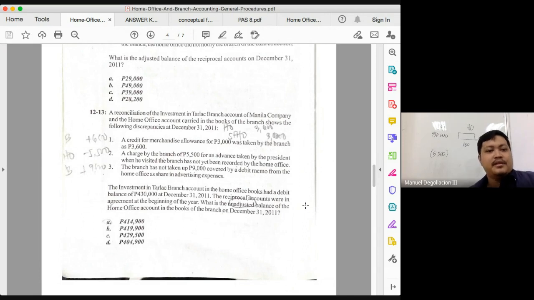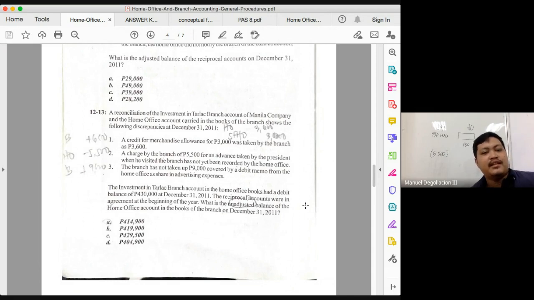Okay, number 3, the branch has not taken up 9,000 covered by a debit memo from the home office as share in advertising expense. So what's the entry for allocation or assignment of expenses, class? In the books of the home office, debit, investment in branch and credit, advertising expenses. Okay?